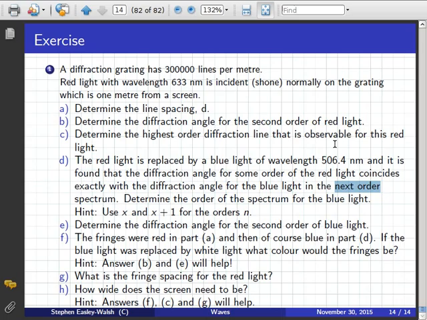So it's called the angle, right? Yeah. I want the angle.